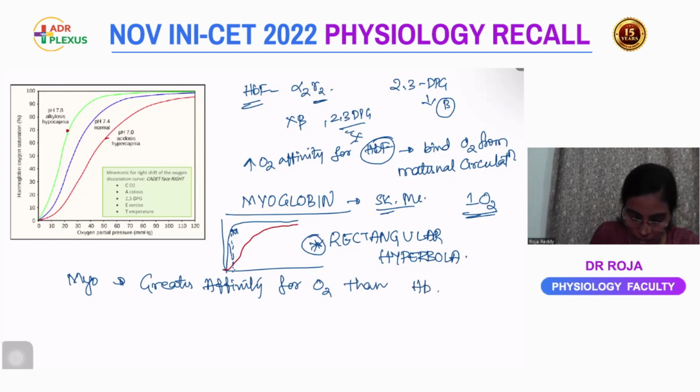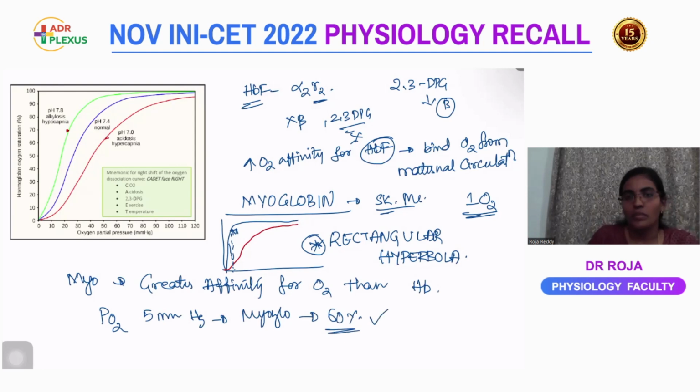Even at a PO2 of 5 millimeters of mercury, myoglobin is already 60% saturated, whereas normal hemoglobin is not even 10% saturated.